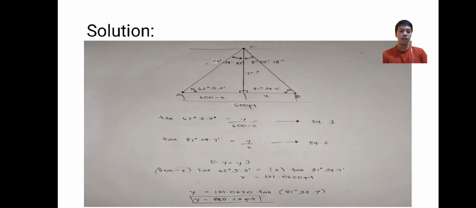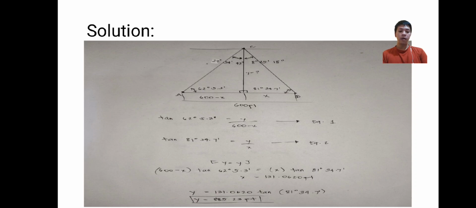So let tan 62 degrees 5.3 minutes is equal to y over 600 minus x. It is the equation number 1. So the equation number 2 will have tan 81 degrees 34.7 minutes is equal to y over x. So let y is equal to y.